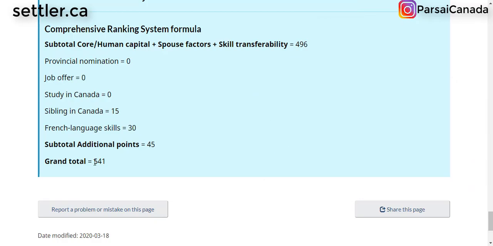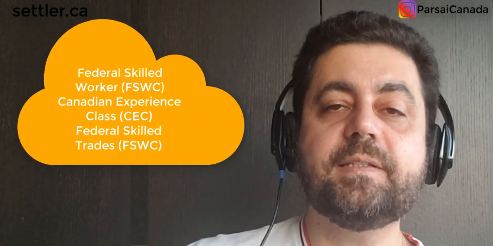But a couple of disclaimers here. You need to keep in mind that when you apply, Express Entry is divided into 3 major groups: the Federal Skilled Worker Program, the Canadian Experience Class, and the Federal Skilled Trades Program. Each of those programs has minimum selection criteria.